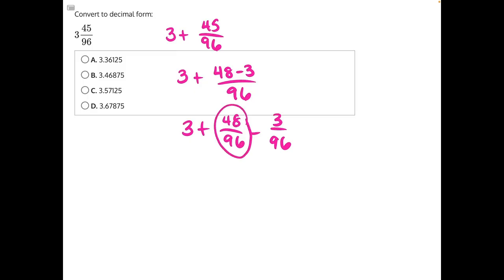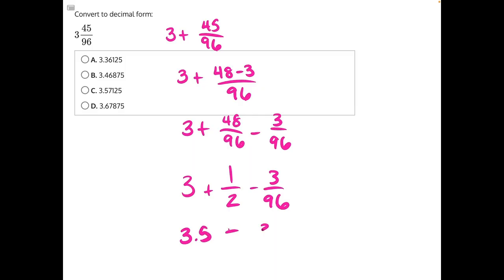And this would simplify down to be 1/2, because 48 is exactly half of 96. We would divide the top and bottom by 48 and get 1/2. So then we have some easier numbers to work with. We have 3 plus 1/2, which would be 3.5, minus 3 over 96.